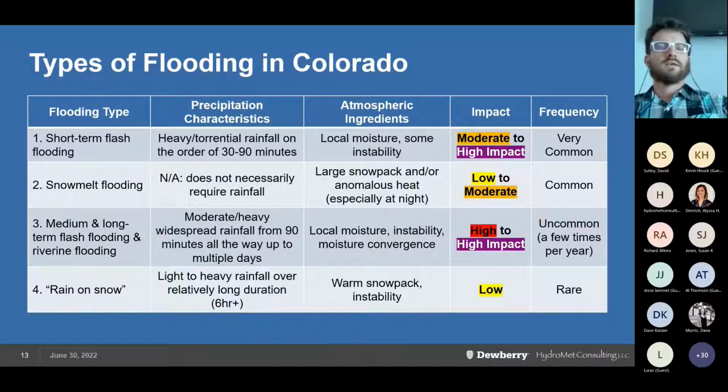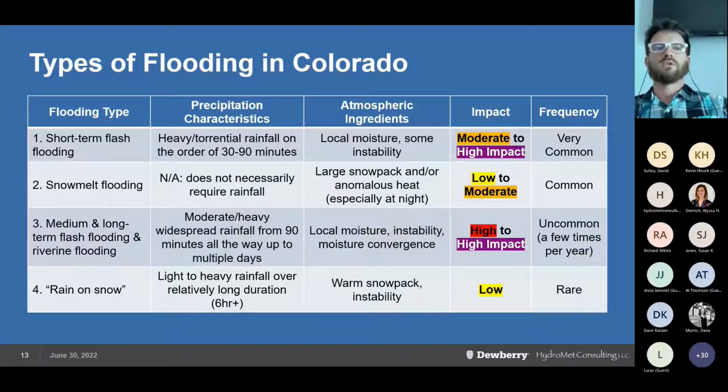The next event is by far the most severe event that we know historically and what people typically remember, but it's extremely uncommon, which makes it really tough because we have such a limited sample from which to learn. So we're constantly trying to understand these events better. This is your medium and long-term flash flooding cascading into riverine flooding.